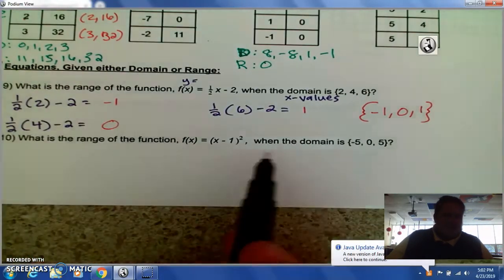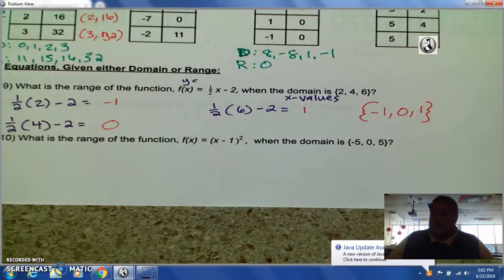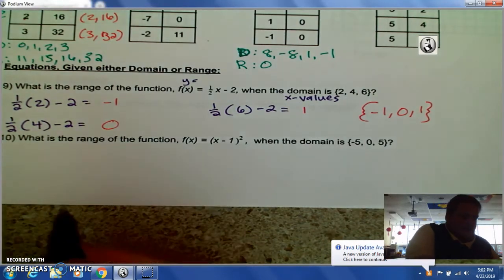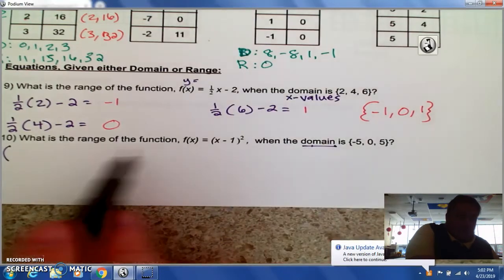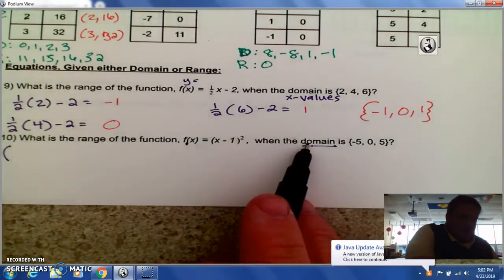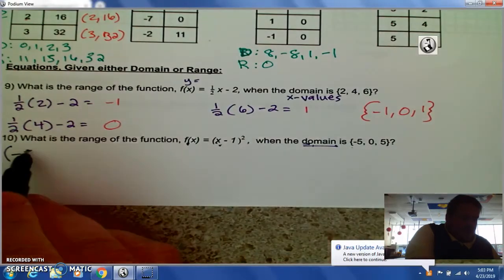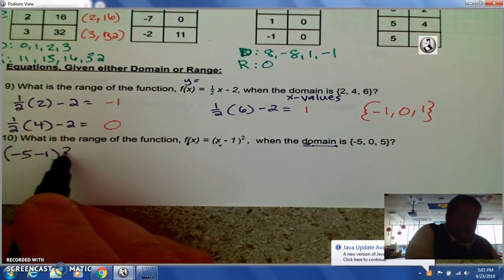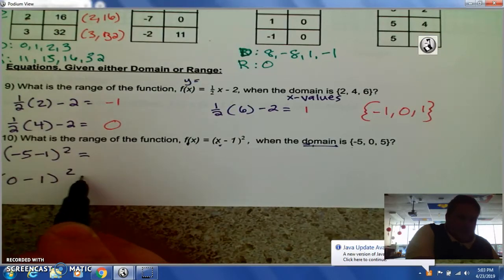What's the range of the function f of x equals x minus 1 squared when the domain is negative 5, 0, and 5? We're going to do the same thing. Plug in, because that's the x value. If it said range, you would put it in for y and solve, but this says domain, so we're looking for our x's. Negative 5 minus 1 squared. 0 minus 1 squared.